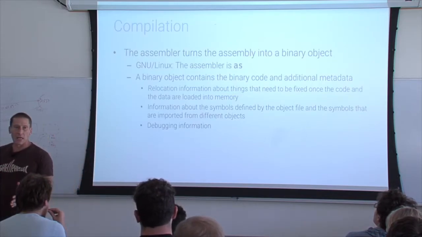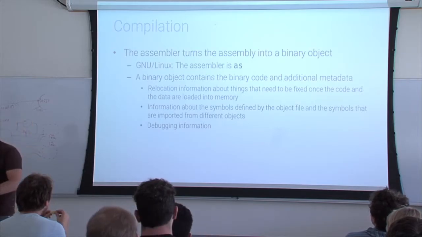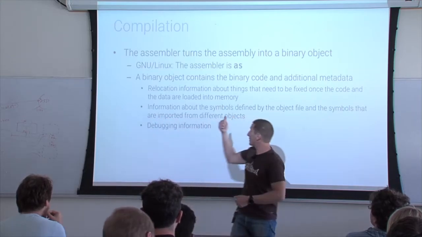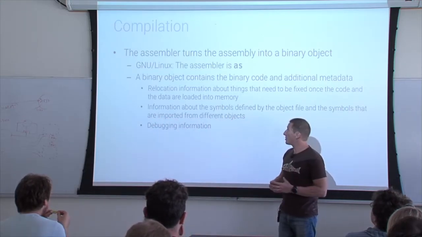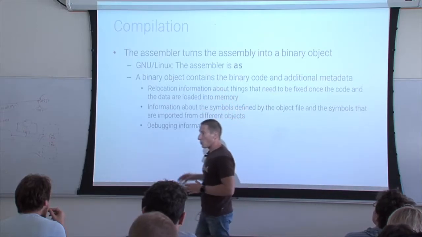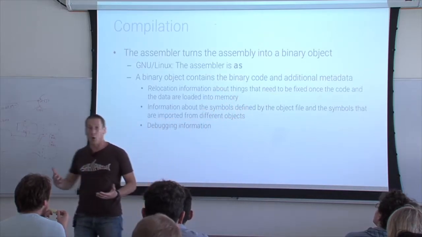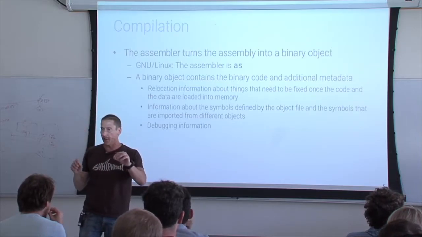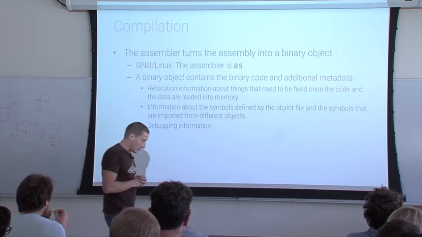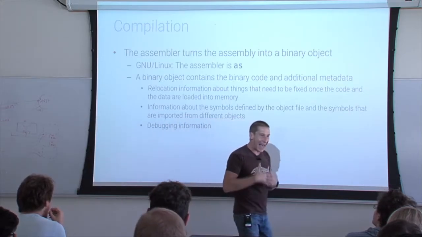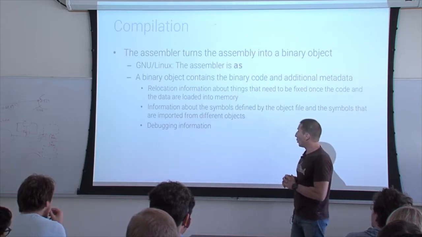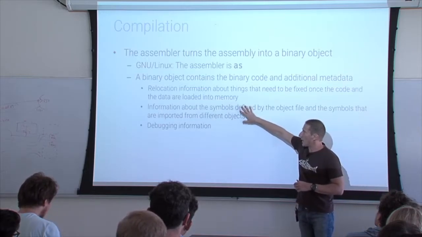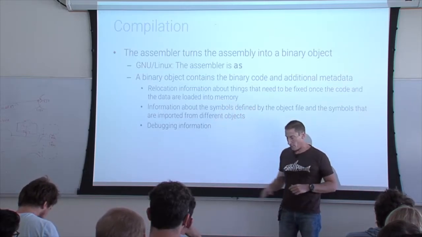You have only C, and then you have the actual first stage of the compiler, which produces assembly, and then there is the assembler that actually creates a binary object that can have, for example, relocation information that tells you, if you load this in memory, you have to adjust all these things because, of course, the code that is in a file is not exactly what gets loaded into memory. And we will see that this can also have information about symbols and debugging information.